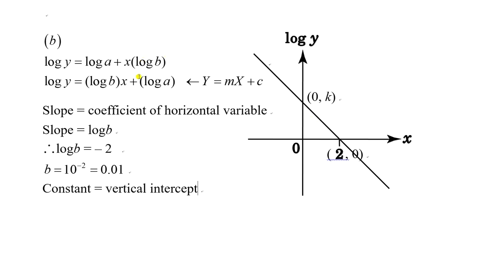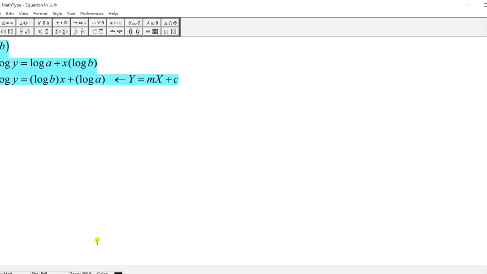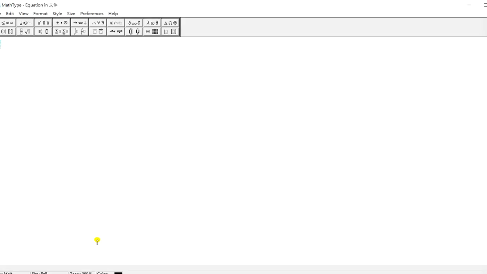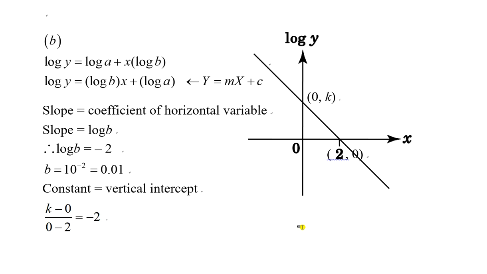We have 2 points now. We have (k minus 0) over (0 minus 2) equals negative 2. That's the slope of the straight line. Then you can get k equals 4.